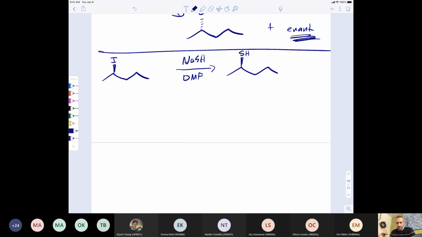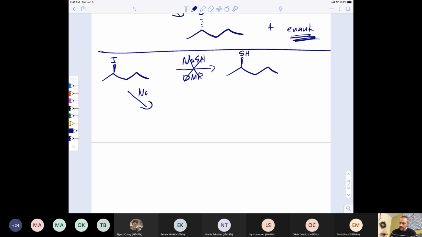Because SN2s invert. If we try to do an SN2, we didn't get the inversion here, so that's not going to work, at least not all at once. So this is an example where maybe we could do 2 SN2s in a row.